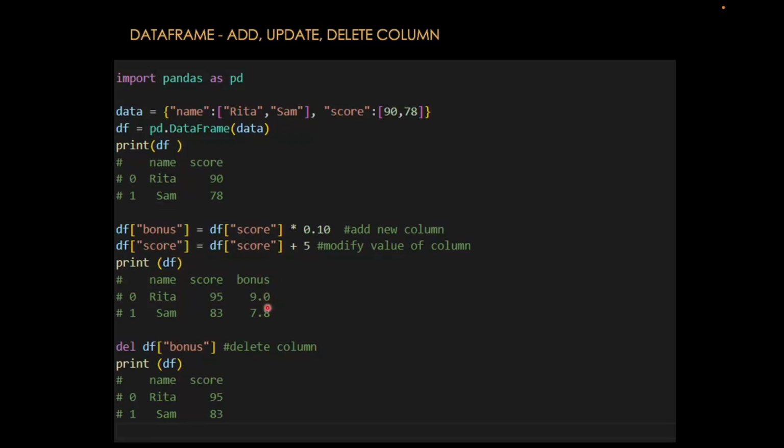If we want to modify the existing value, then here, column score. The difference is bonus is a new column, so it will create a new column. But if we give the same column, it will modify the value. It will add 5 to all the values. So 90 becomes 95, 78 becomes 83. If we want to delete a column, use del. del for delete.